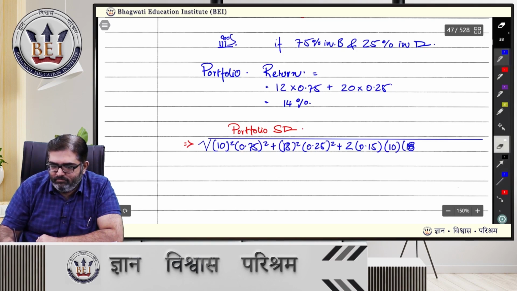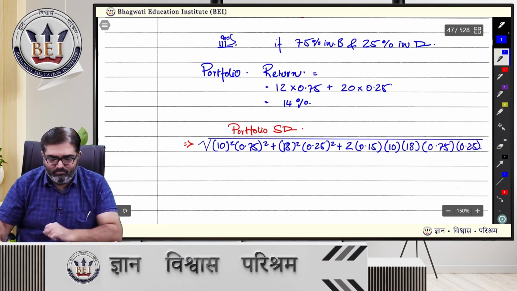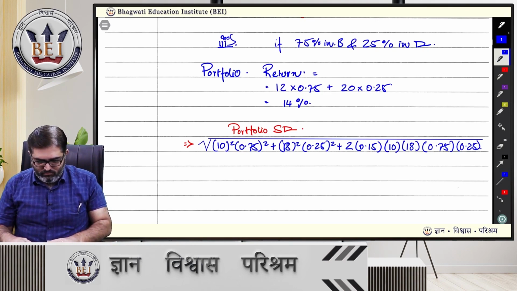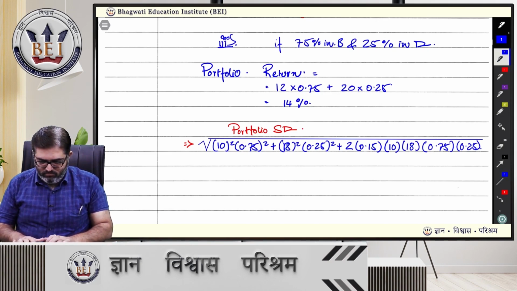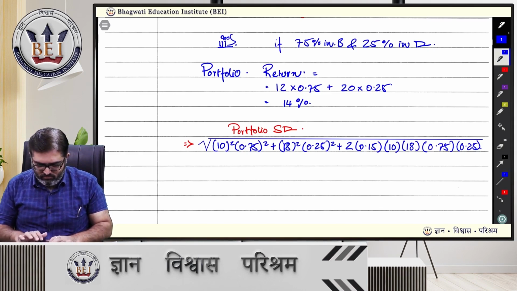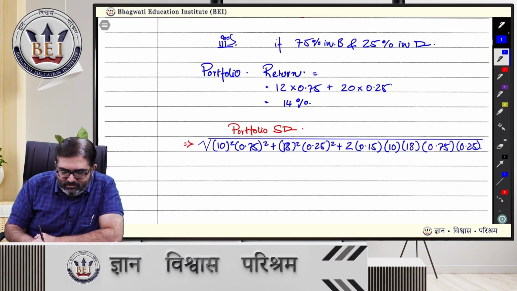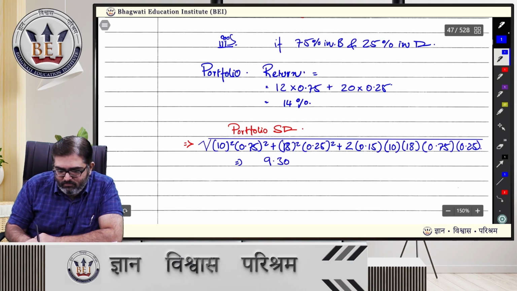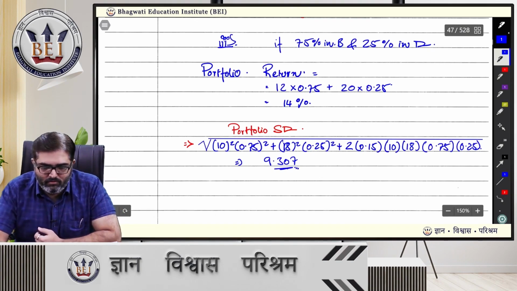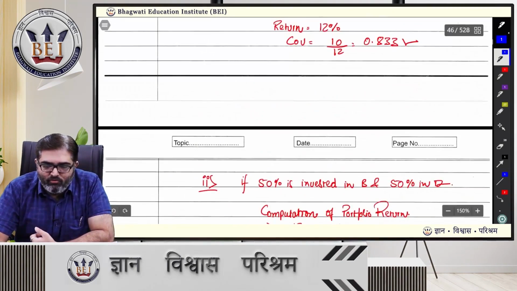Sorry, it's 18. 9.307. This is bound to happen. Right? This is bound to be lower.